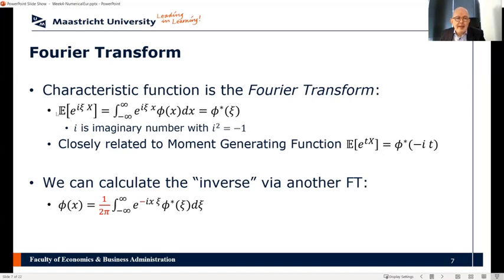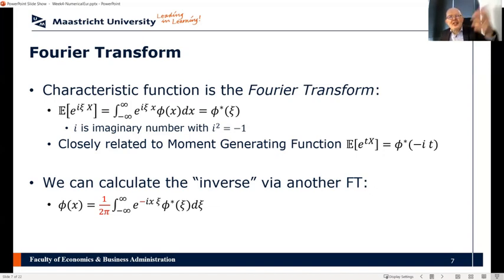It's the expectation of a random variable capital X, but then evaluated: I take e to the power of the random variable, and then I multiply it with this imaginary argument i times xi.